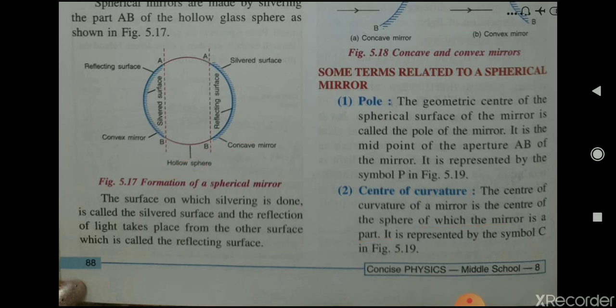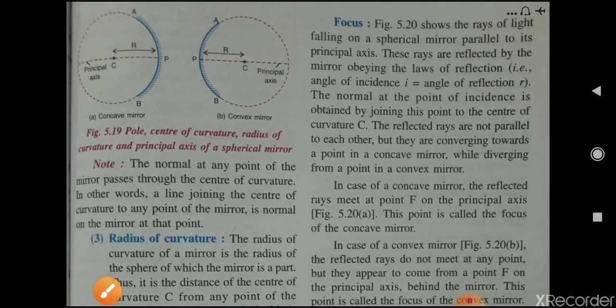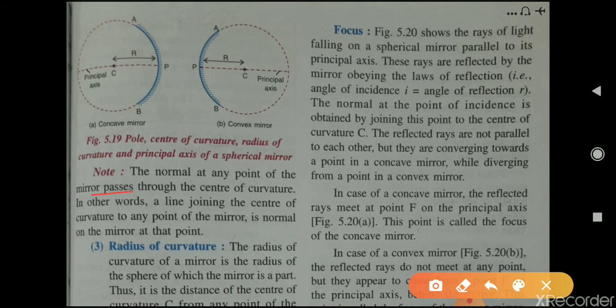Note, the normal at any point of the mirror passes through the center of curvature. Means whenever a normal is drawn on this spherical mirror, either on the concave mirror or on the convex mirror, it always passes through the center of curvature.